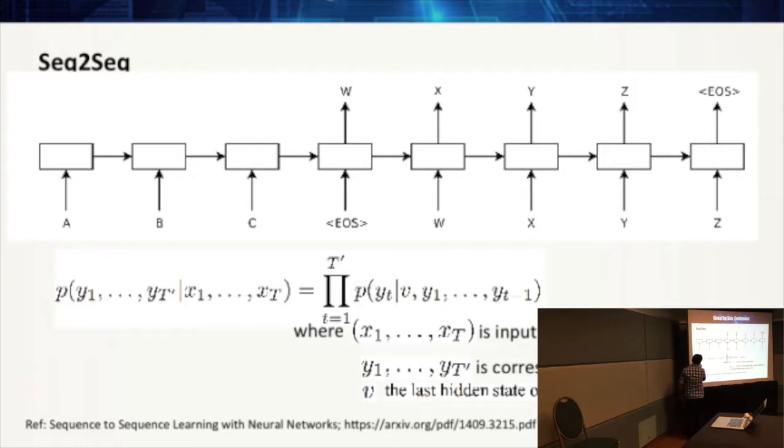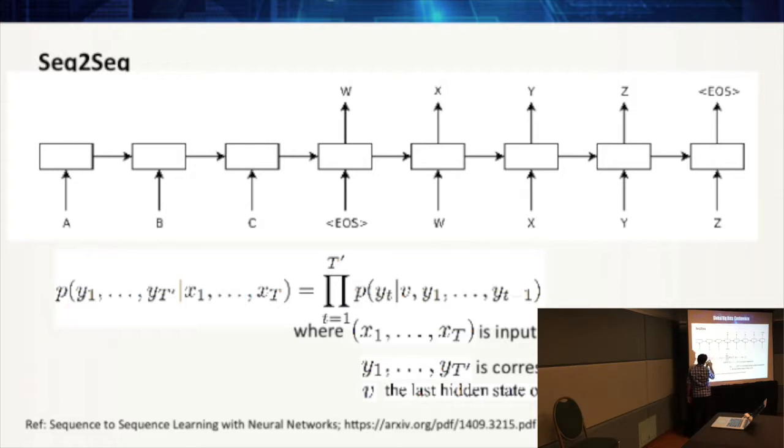The probability of the output y1, y2, y3 till yt' dependent on x1, x2, x3 till xt. The t's are two different, just to signify that the number of outputs is not necessarily exactly the same as the number of inputs.